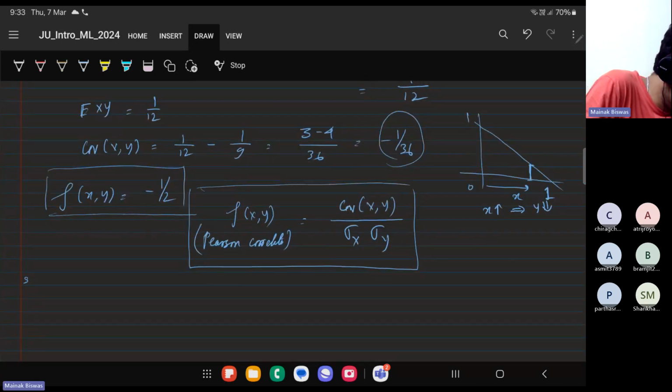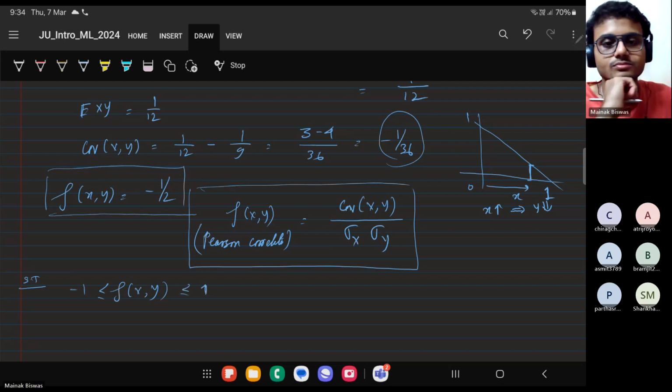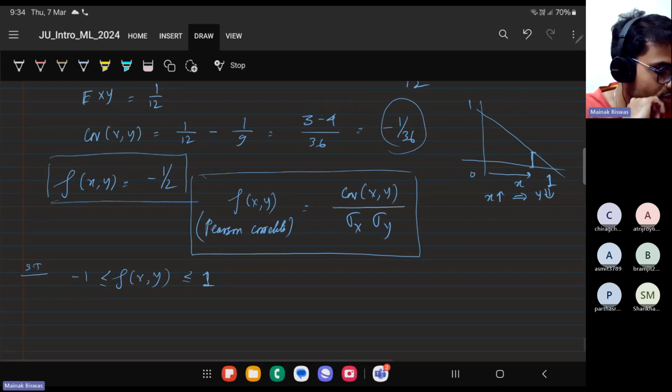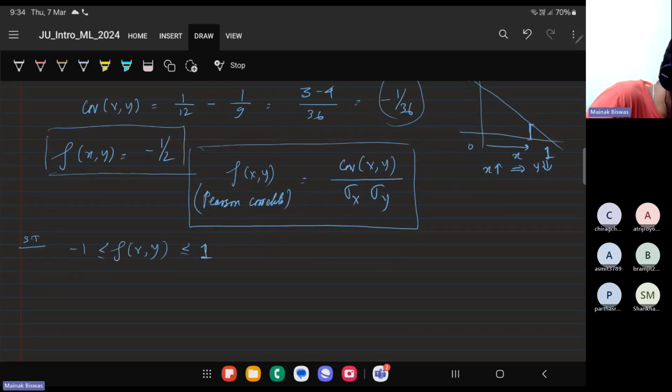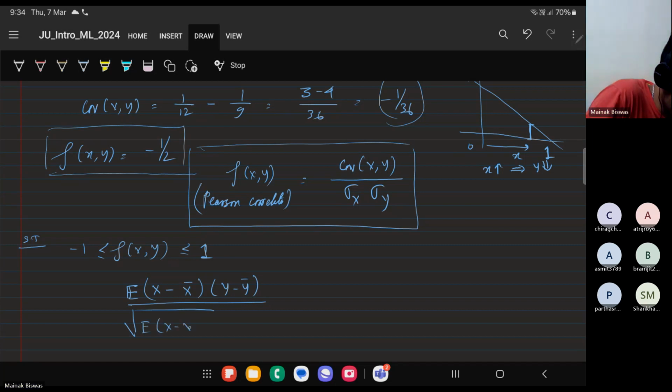Now show that Pearson's correlation is always between -1 and 1. Can anyone tell me how to go about this question? So Pearson's correlation is the expected value of x minus the mean, y minus the mean, divided by the square root of the expected value of the variances.